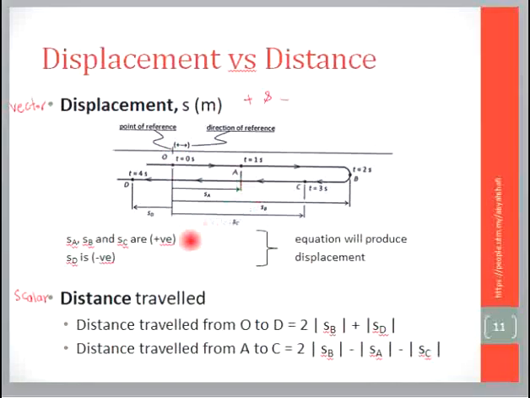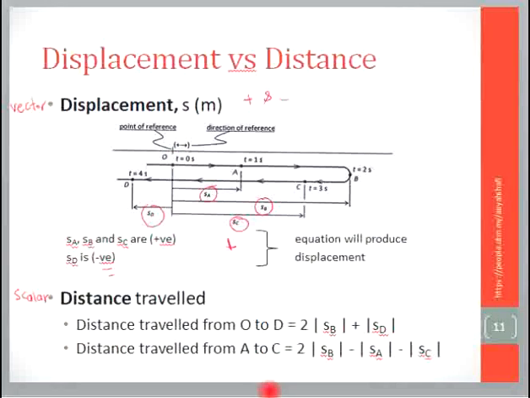For example, here SA, SB, and SC are positive because they are at the right of the O point. But SD is negative because it is at the left of the O point.